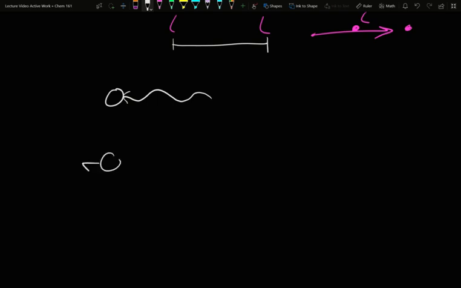Well, if my object is moving away and that photon comes in, it makes it look longer. It doesn't catch up quite as quick because this object is moving away slightly and that's drawing the photon out as it interacts or as it emits.